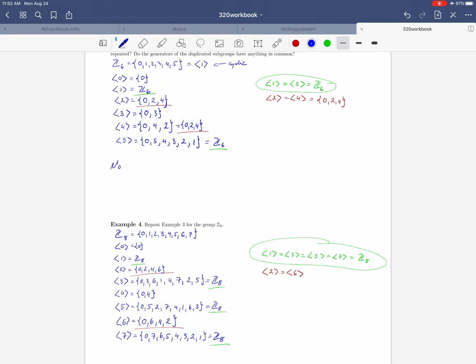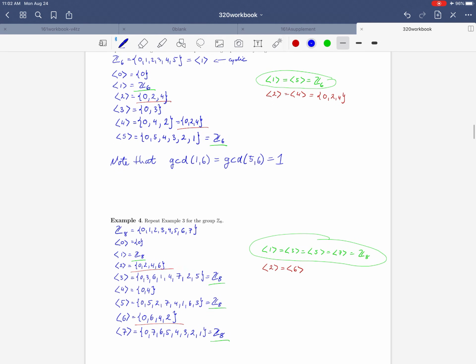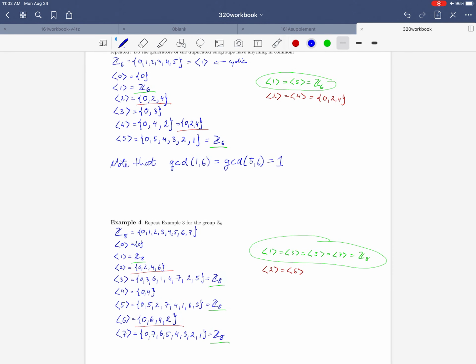So we could write this down. So note that when we are looking at the greatest common divisor of 1 with 6 and 5 with 6, they're the same, and they're 1. That's interesting. And the same thing we are observing in our group, the 8. So I'm going to write that over here to the right.